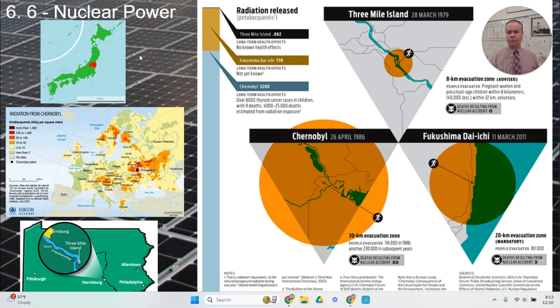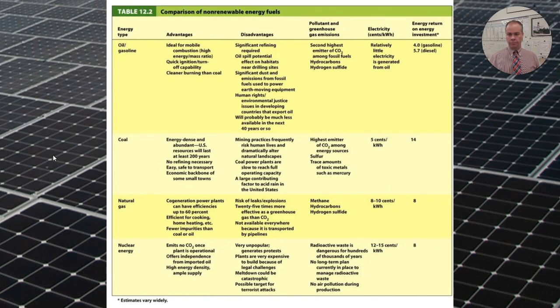Then in 2011, we had the Fukushima accident, which released 770 versus 5,200 for Chernobyl. There were 3 deaths and 80,000 people evacuated. This is in Japan. These accidents scare people, and they can have serious consequences to human health in the nearby area if there were to be a serious accident.